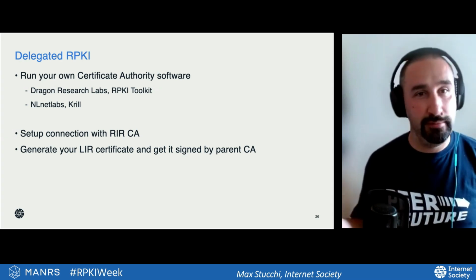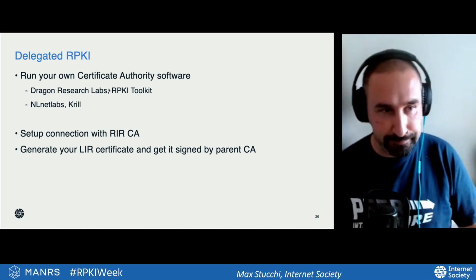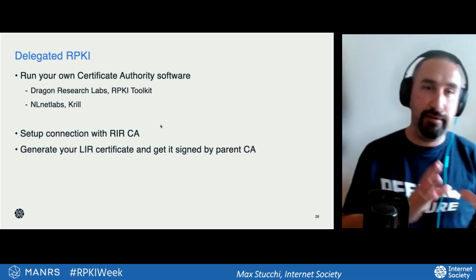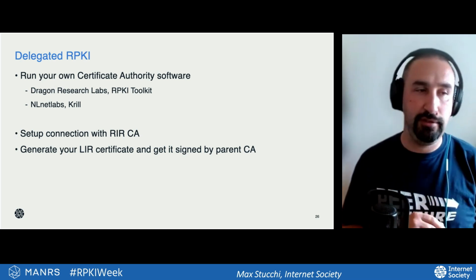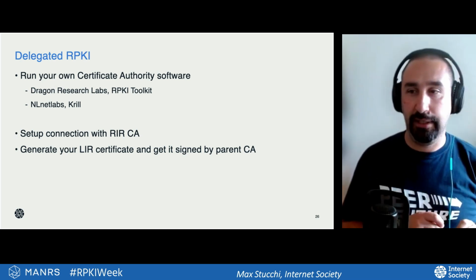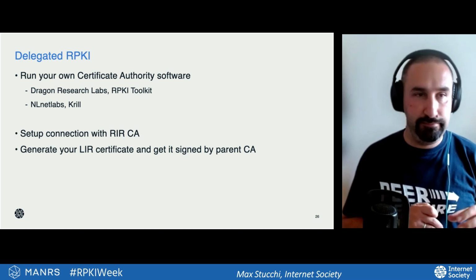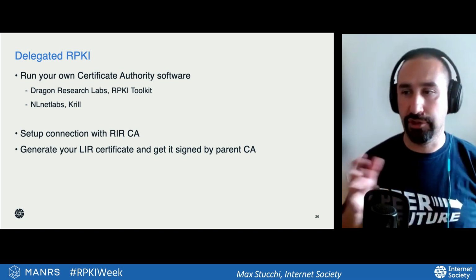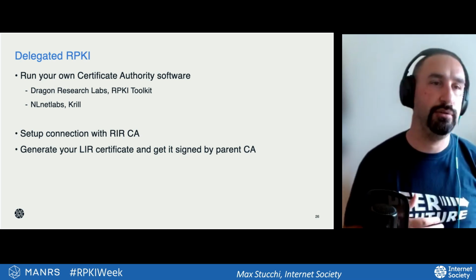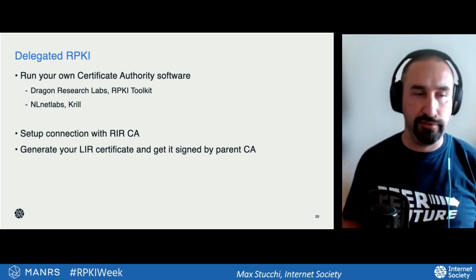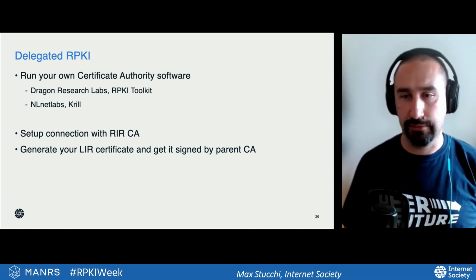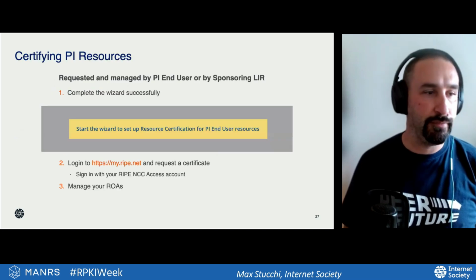That would still work, but maybe not recommended. But personally, I would suggest if you have a very special use case, run delegated RPKI. Otherwise, if you don't do much with your ROAs, you don't change your route objects every week or so, I would suggest go with a hosted solution, because that's the best one.